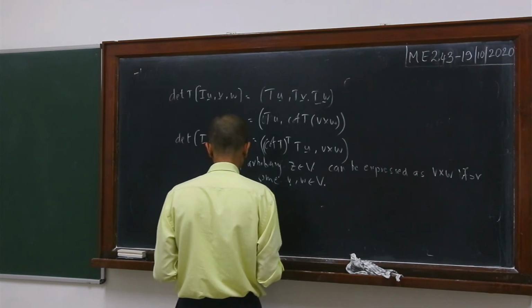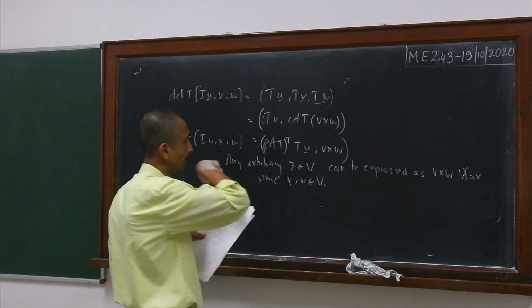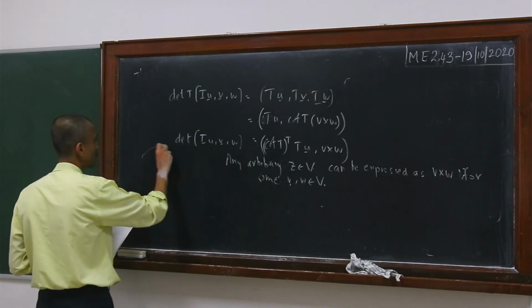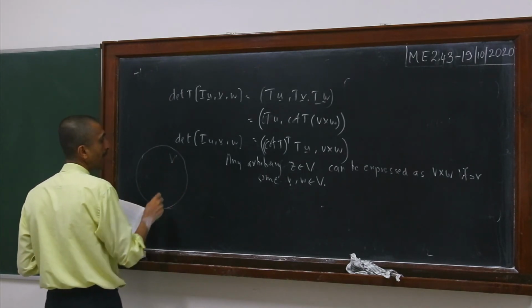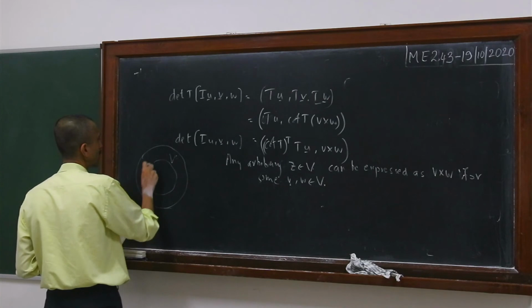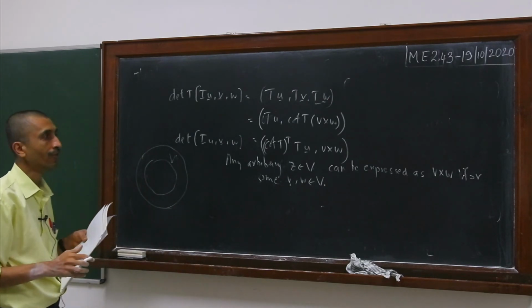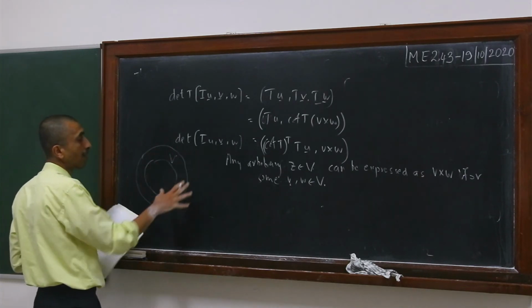Okay, and so this step is very important here. It can happen that you have your space of vectors here. Let us draw it here. It can happen that the space of vectors that is formed from the cross product of any two vectors is a subset of this space of vectors.